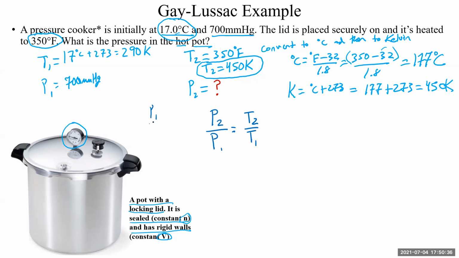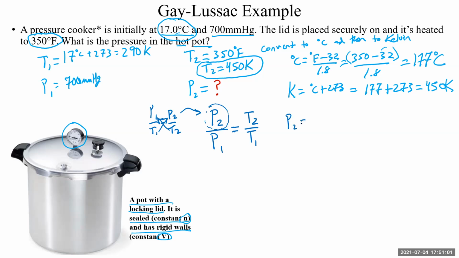You know what? I'm going to double check myself because even I'm not totally sure. P2 over P1 equals T2 over T1, okay, yeah. So just crisscross, move them back and forth, and you get this relationship right here. I want P2 to be not only by itself, but also on top.